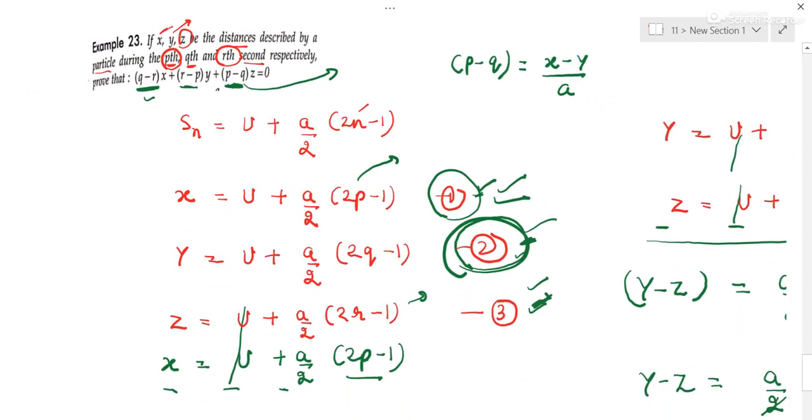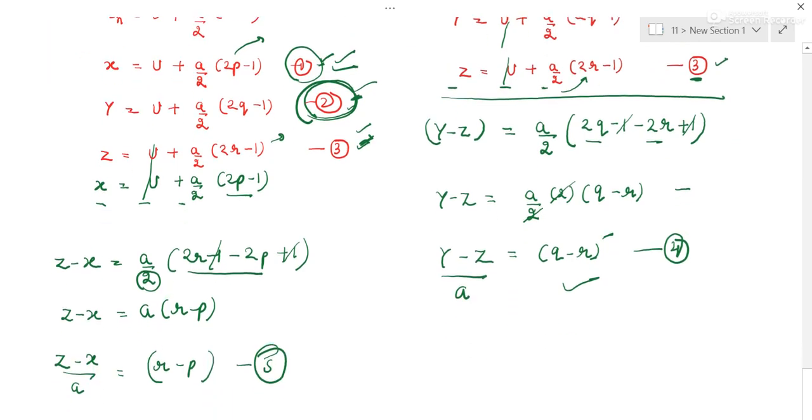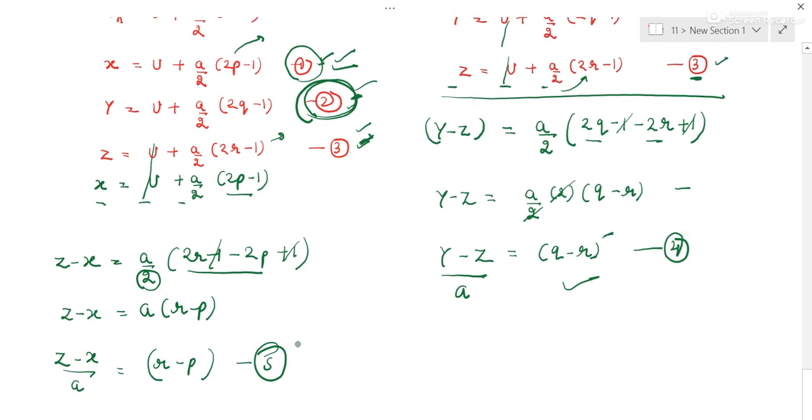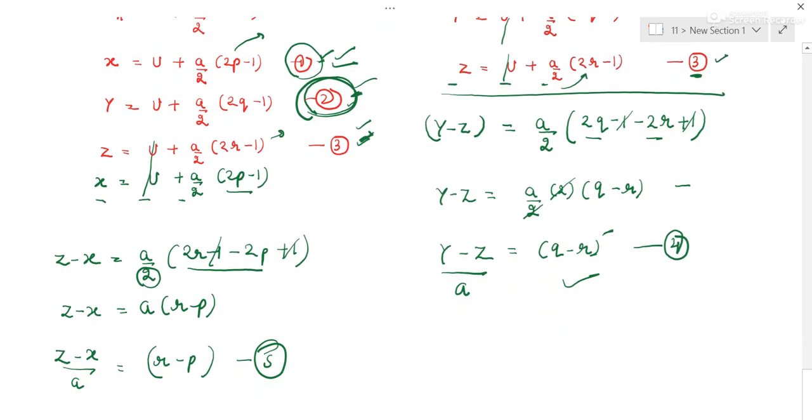I've seen the similarity in this and this, so I've written that also. So p minus q is x minus y by a.